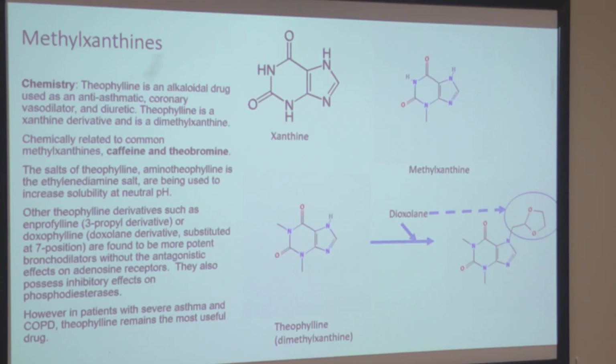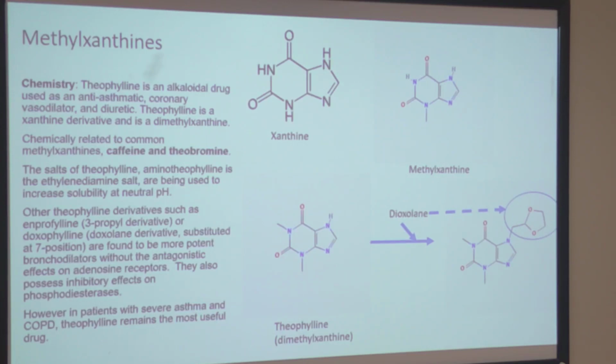The difference is theophylline is methylated at these two NHs. Both nitrogens are methylated, so theophylline can be called dimethylxanthine. Theophylline is a xanthine derivative. So that is a chemistry question. In particular, it is a dimethylxanthine. There are two methyl groups attached to it.